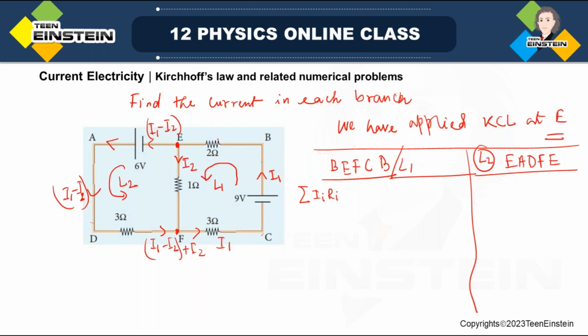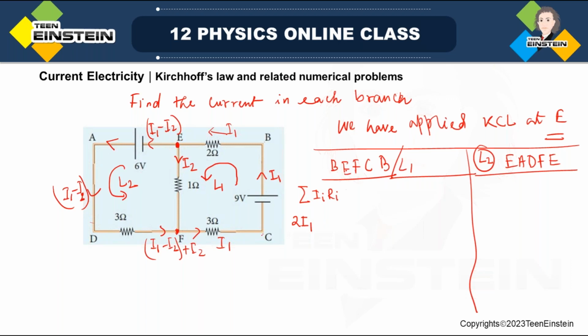What is the current here? I have taken I1 through this resistor 2. I'm going from B to E, and the current is also flowing in the same direction, B to E. That's why I will take that as positive. So this will be 2 into I1 with the positive sign.